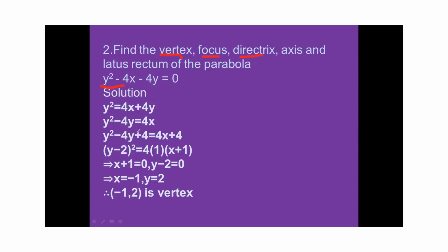Using the perfect square, the equation of the parabola is like this. Here the vertex is y equals 2 and x equals minus 1. This is the vertex of the parabola.